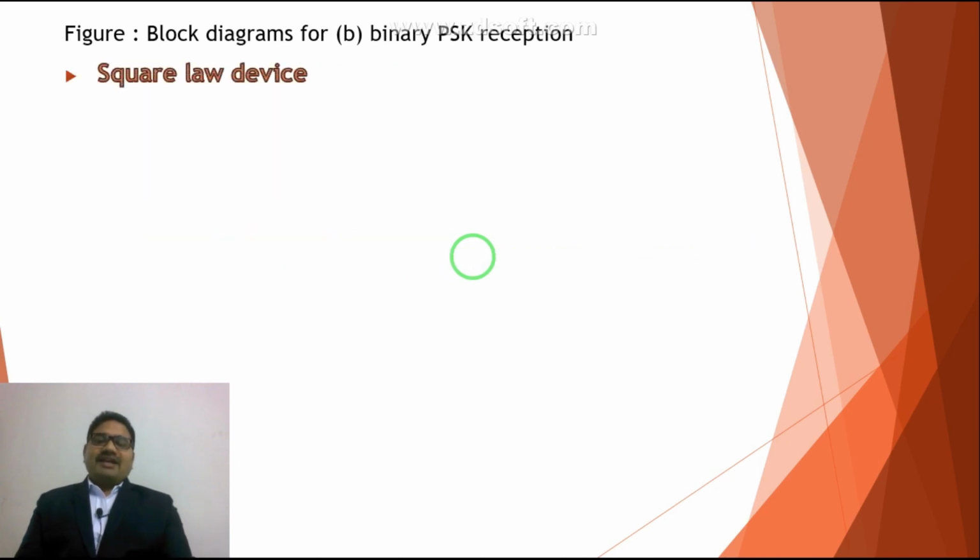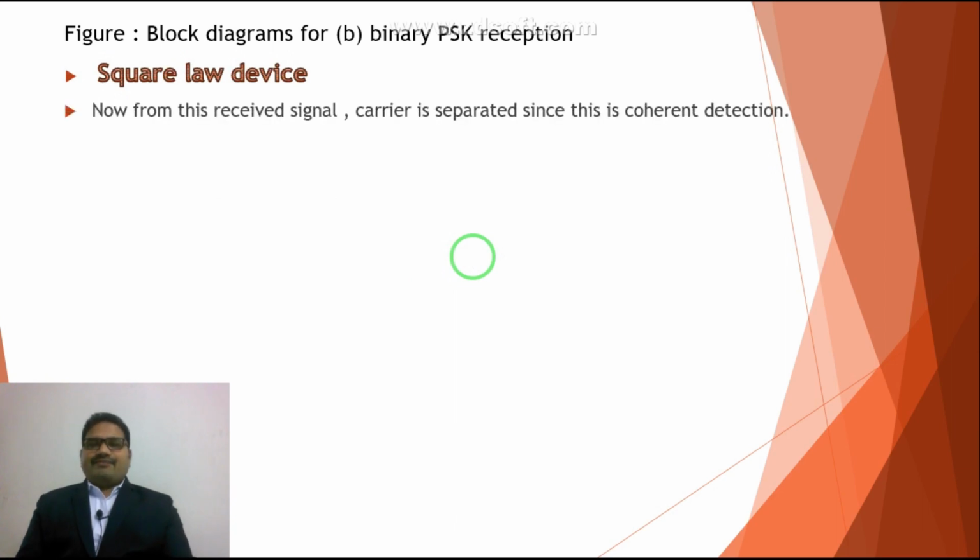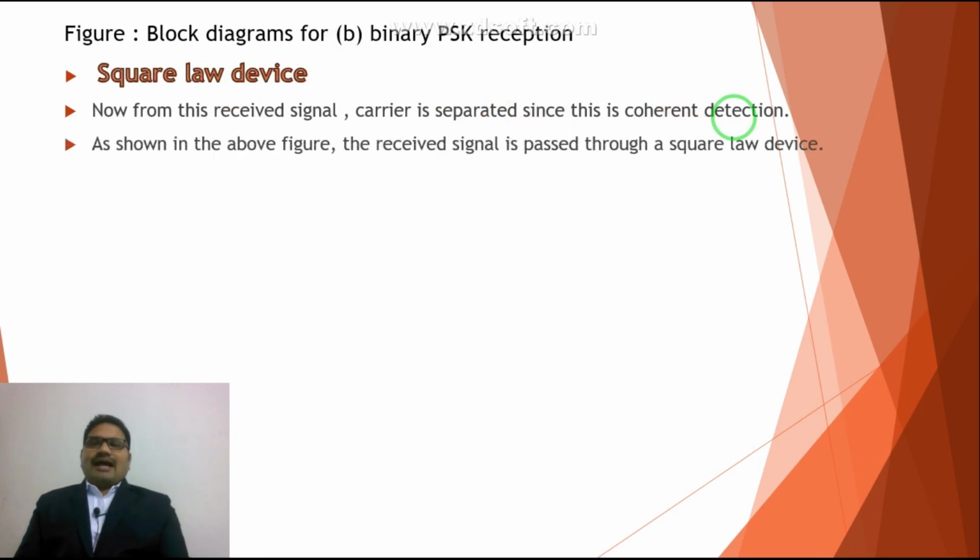The first block that we have seen is the square law device. The carrier is separated from the square law device, since this is coherent detection. As shown in the above figure, in the receiver section the received signal is passed through the square law device.